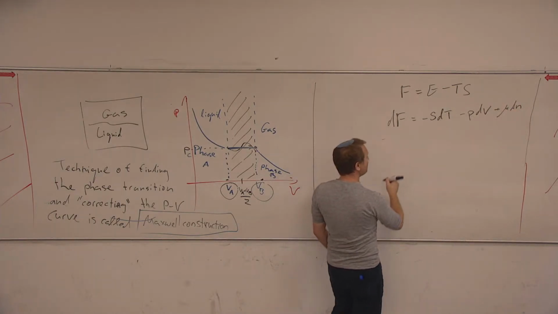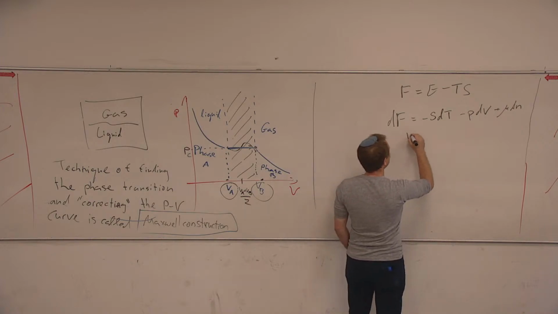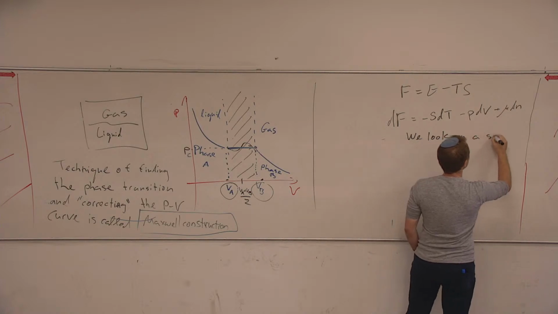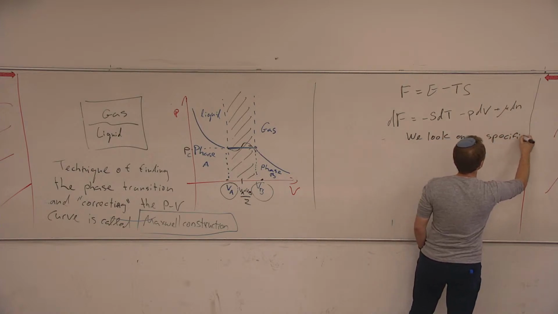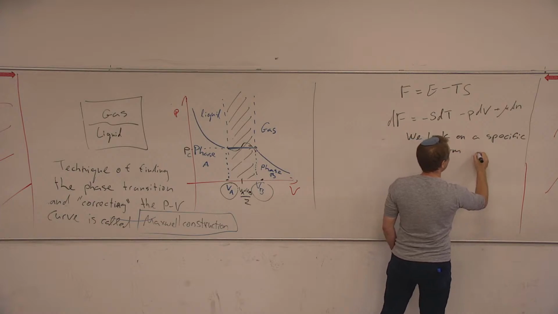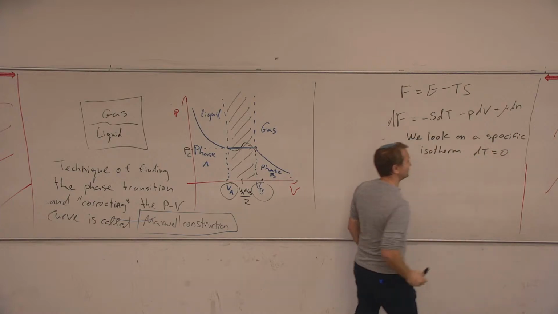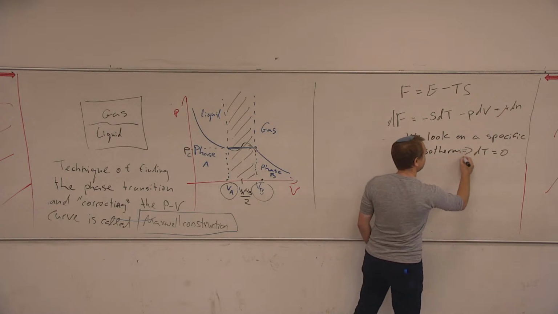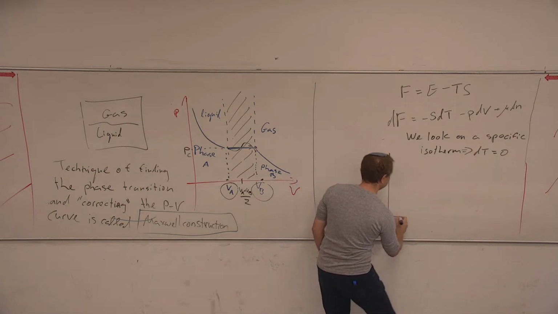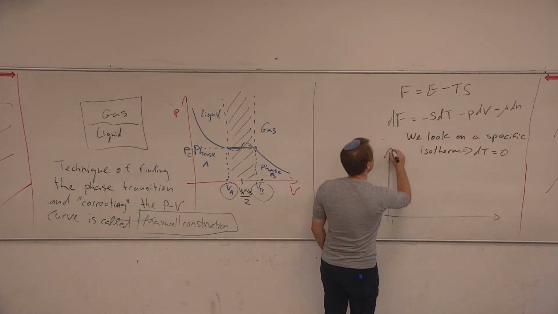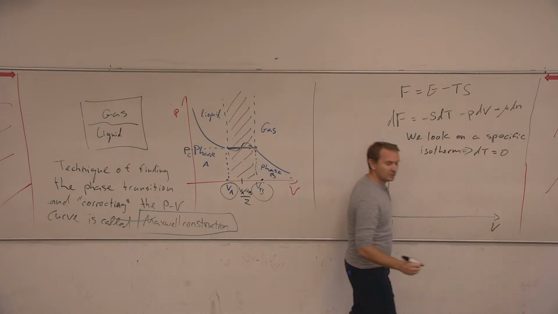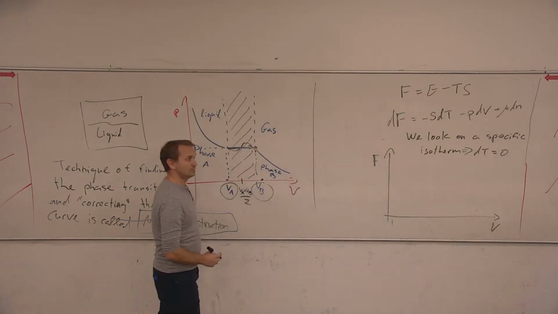Now, if we look at a specific isotherm, which means that dT equals 0. Okay. Now, on this specific isotherm, we plot F when the temperature is not changing.